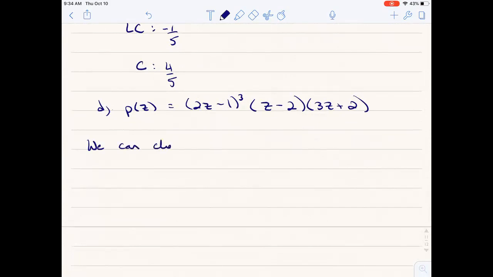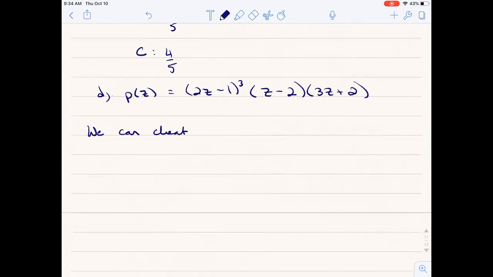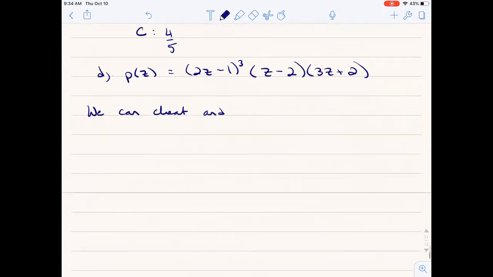We can cheat and skip expanding this, right? If we recognize that as long as we multiply all the highest power of z from each of these terms, right, we're going to have our leading coefficient or our leading term.